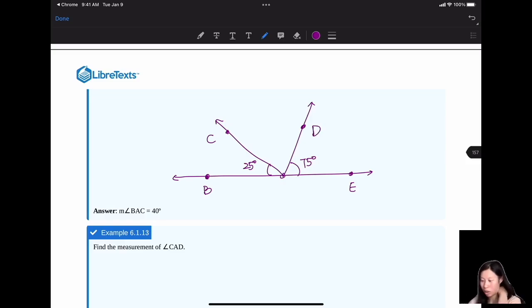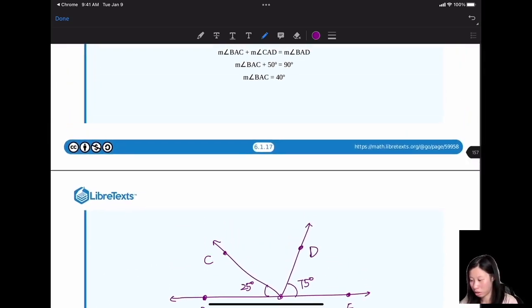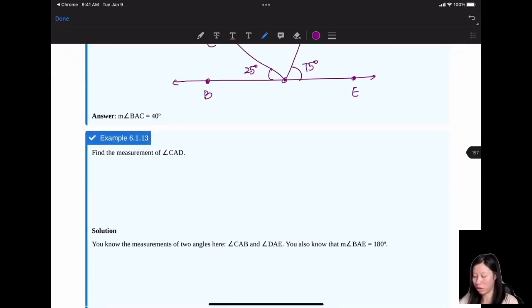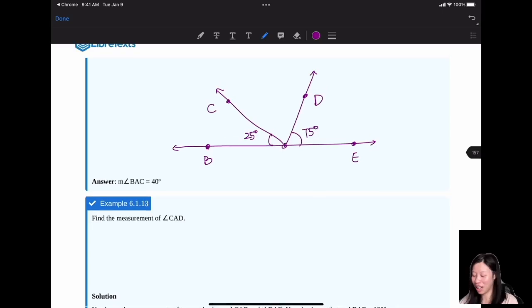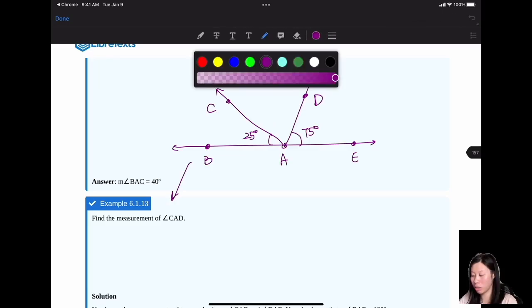Oh, I should draw the graph here, I'm sorry. Anyway, it's the same. This is corresponding to example 6.113. They want you to find the measurement of CAD. So now they're giving you what? The measurements of CAB and DAE.